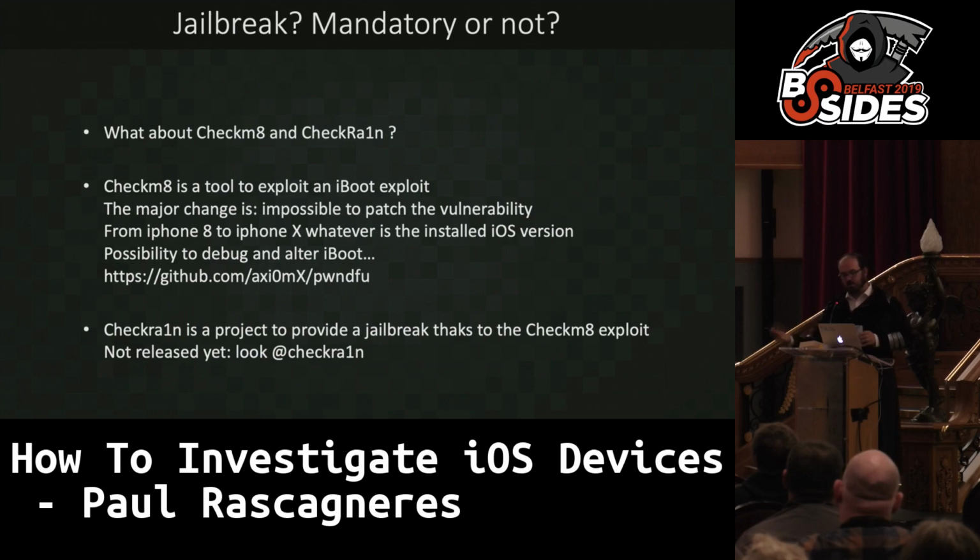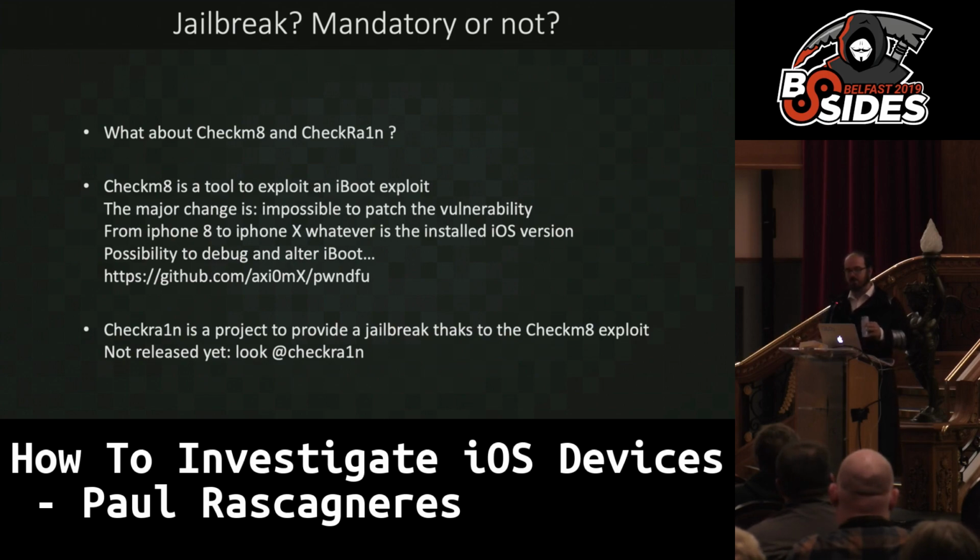And another group of people started to write a jailbreak named Checkmate that uses the Checkmate vulnerability. And the biggest change is, as we are speaking about a hardware vulnerability, you can jailbreak any version of iOS, even the last one, because it's modified before the load of the operating system.